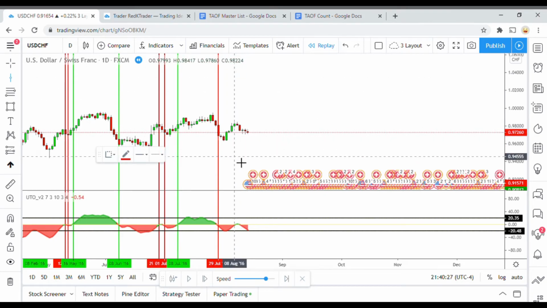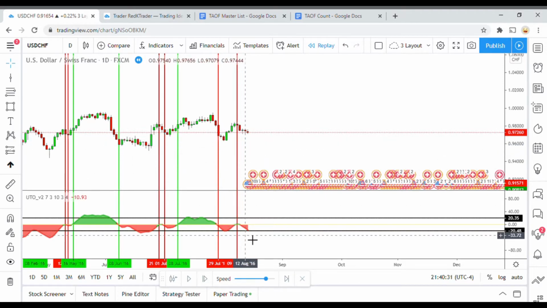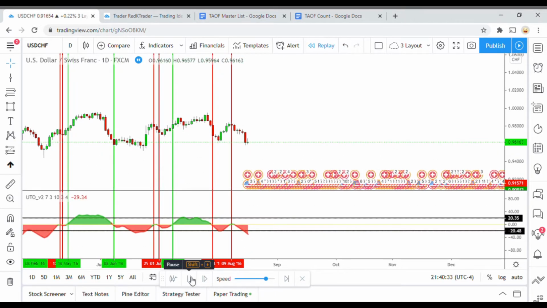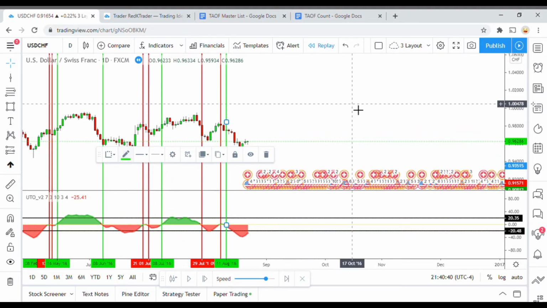Then it threw a long right in here. That also didn't quite work out for us. Then we get a short, and that one does pretty well.